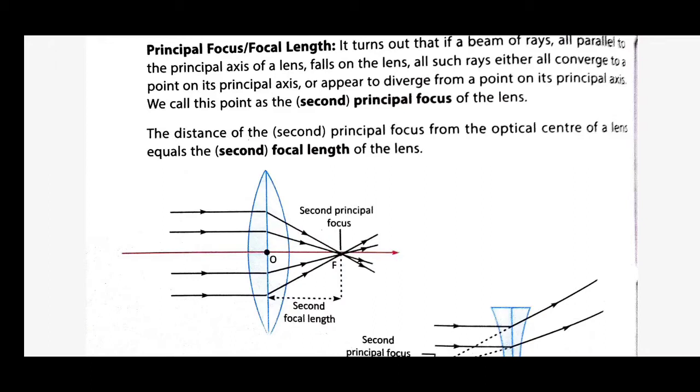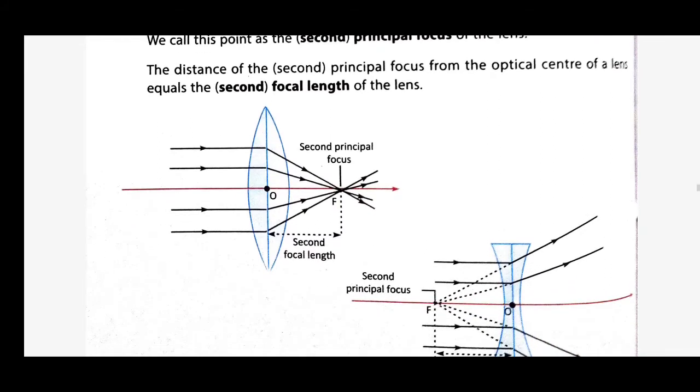Now note here, whenever it is asked that you have to write the principal focus or simply focus of the spherical lens, then you have to write meets really or appear to meet and draw these two images.